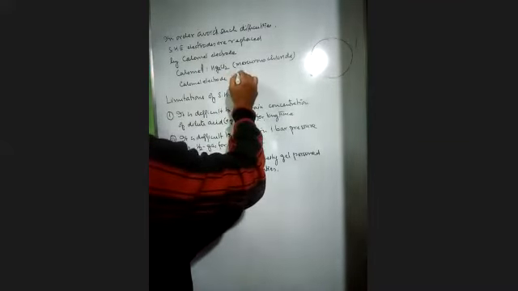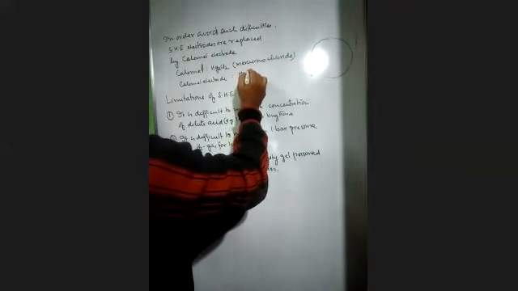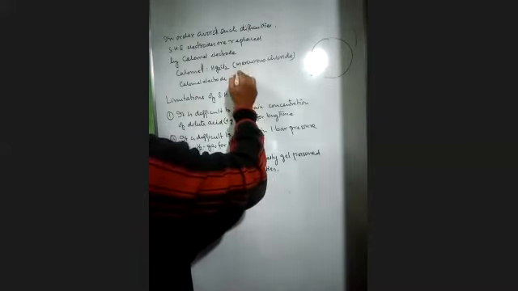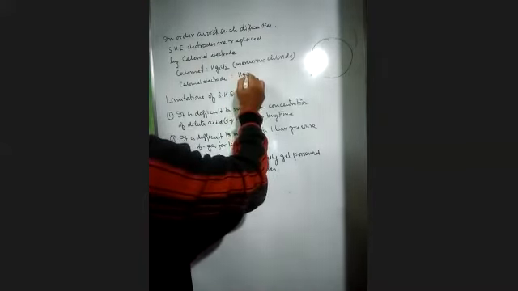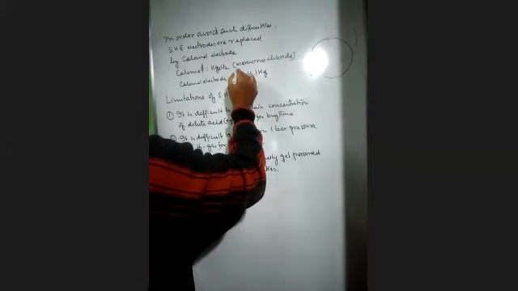So, what is the calomel electrode? It is nothing but Hg2Cl2 in presence of mercury.